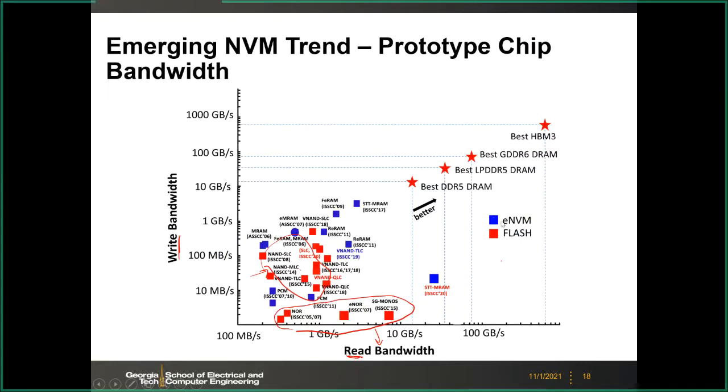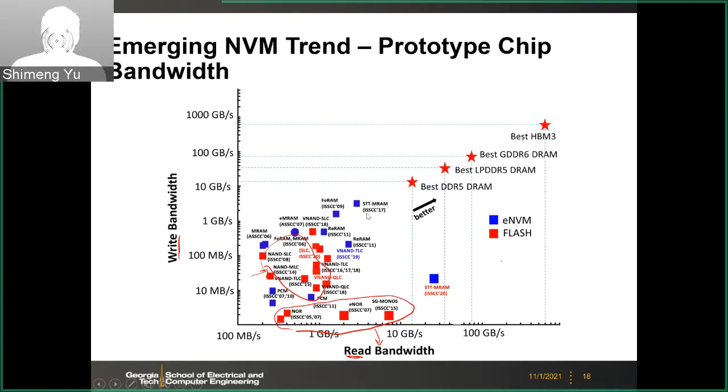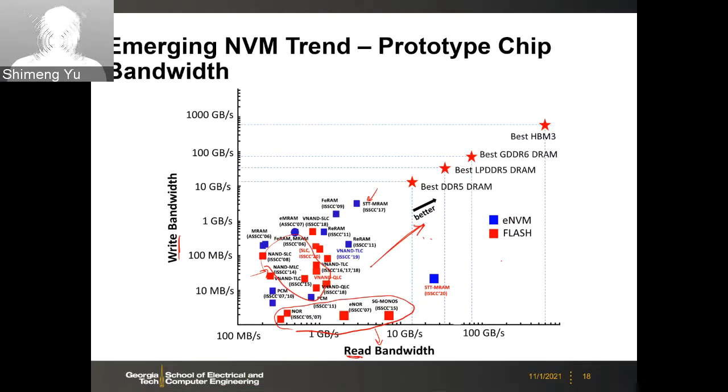And the emerging non-volatile memory, like the STT-MRAM here, you see it's good in both read and write. So basically this corner, this direction is good because you have better read and better write simultaneously.